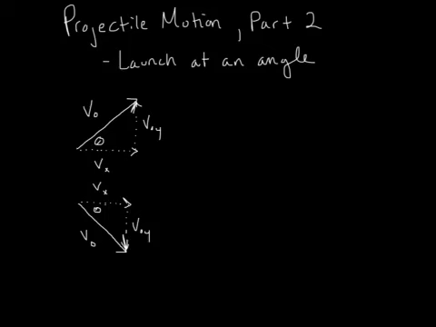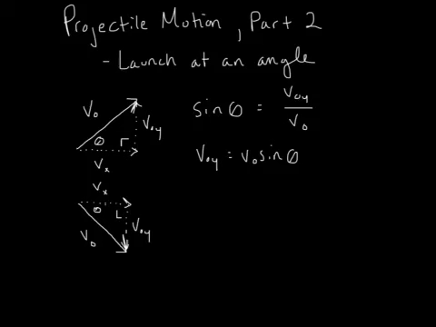Now, as you can see here, we've created right triangles, and so we can use trigonometry to solve for V0y and Vx. Since the sine of theta should equal the opposite, which is V0y, over the hypotenuse, which is V0, we can always say then that V0y will equal V0 sine theta.